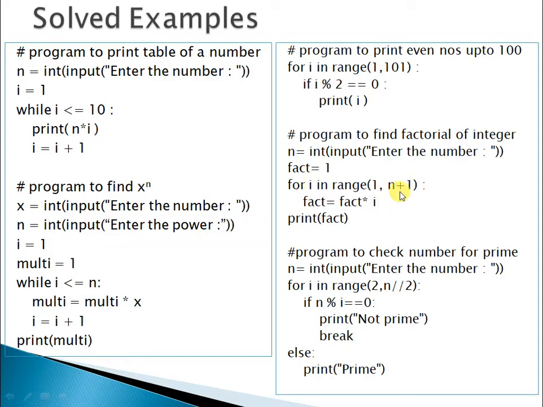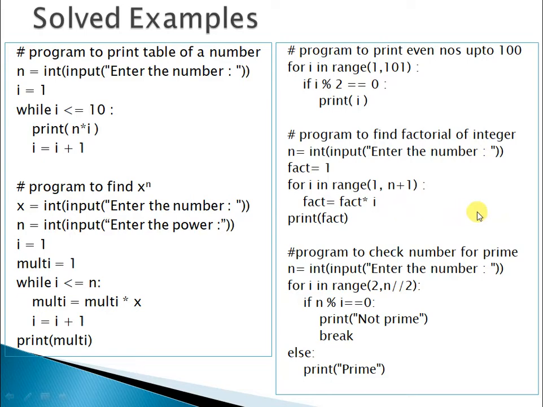Because you know that factorial of n will be 1 into 2 into 3 into 4 dot dot dot up to n. So 1 to n. Simple. The 1 is the lower limit, n is the upper limit. So you will start from 1 to n plus 1. Range function goes 1 less. That's why for I in range, I is the loop variable that will move the loop in range 1 to n.